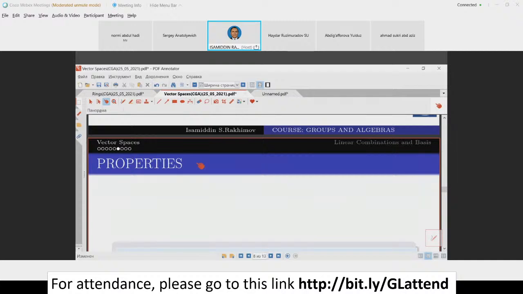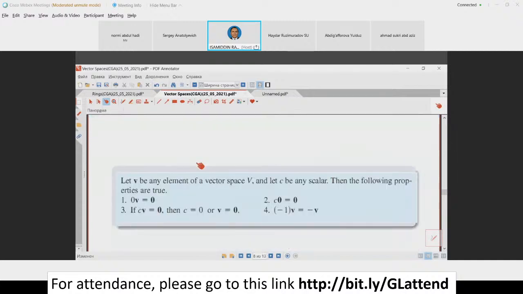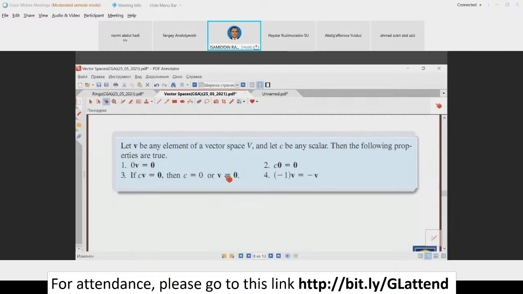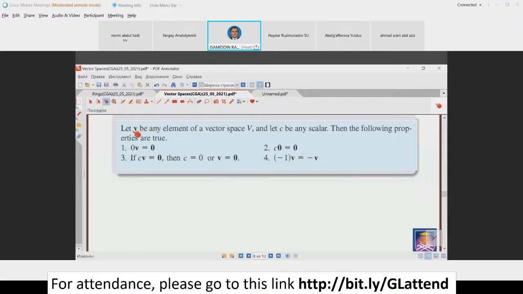Okay, now which kind of properties can we see in a vector space? The first property: if you take the zero scalar and multiply by any vector v, you will get zero.